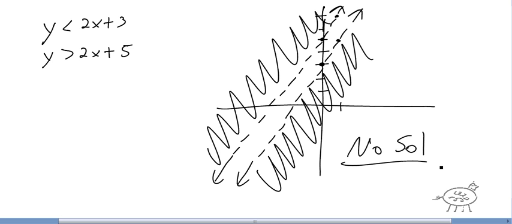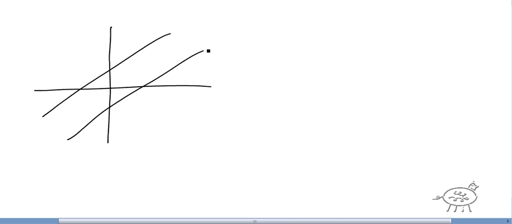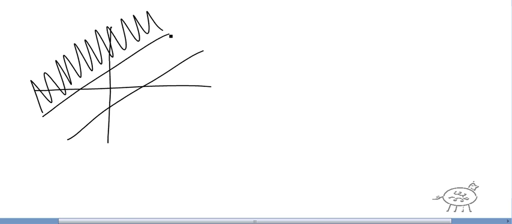Okay, if I can just talk about this real quickly. I'm not even going to come up with an equation, but let's say your two lines look like this, and this one you shade above the line, and this one you shade above the line.